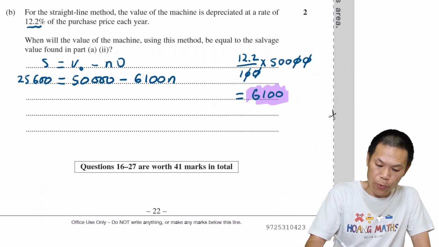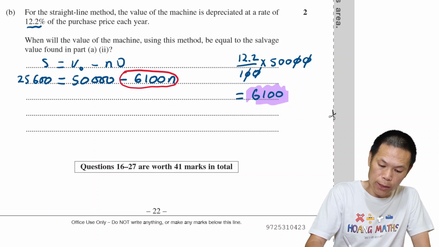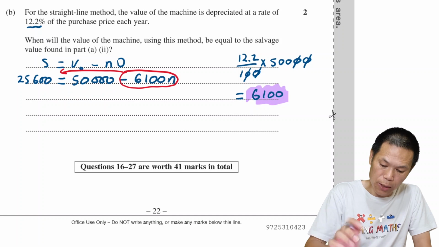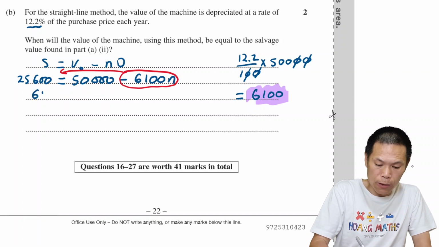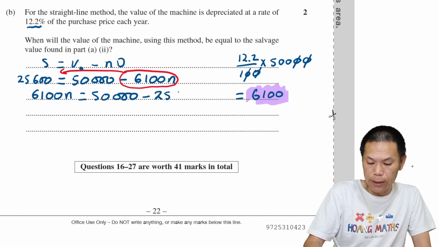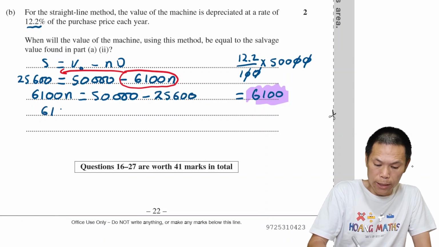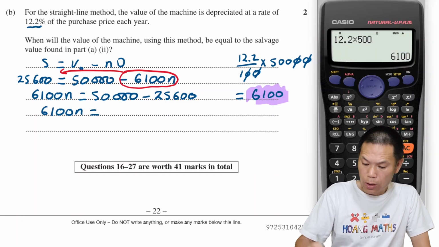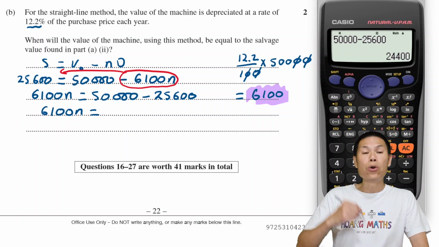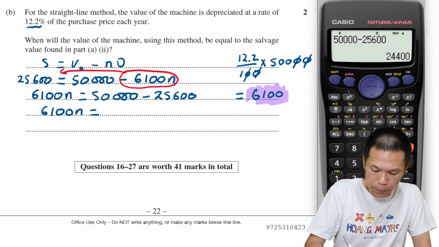So now I just solve this equation. I move this to this side so that it becomes positive, and I move this to the other side, so it becomes minus. So 6,100n is equal to 50,000 minus 25,600, which is 24,400.